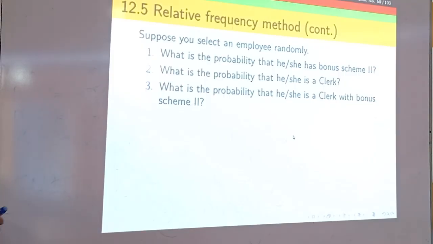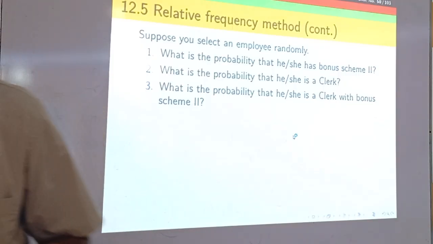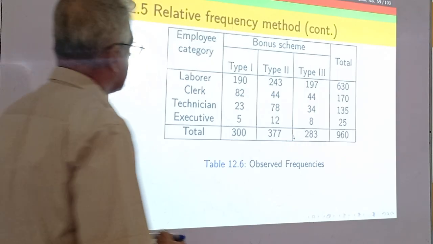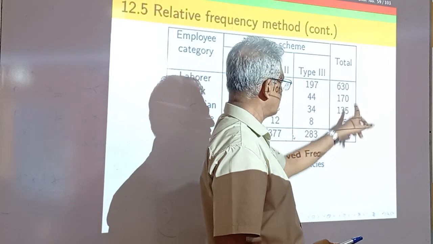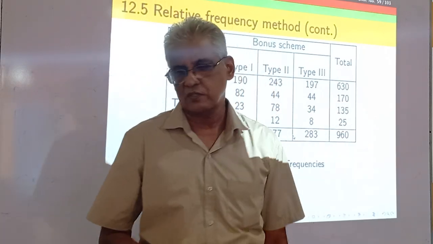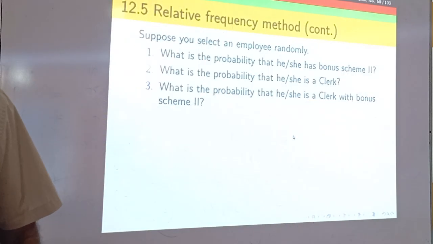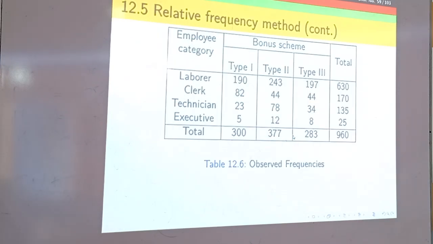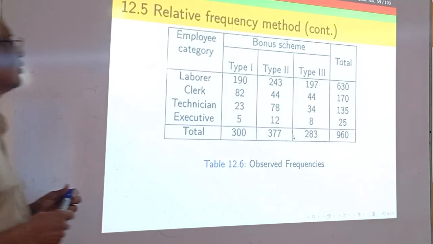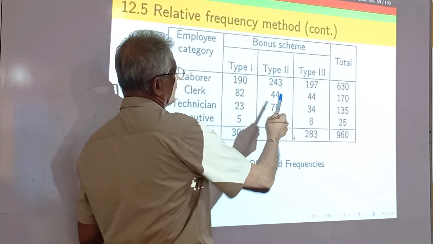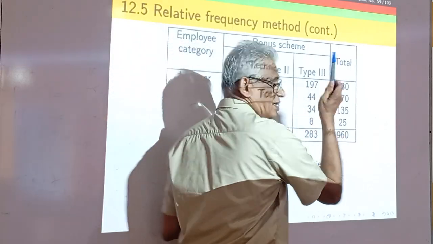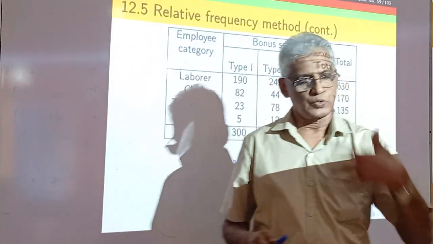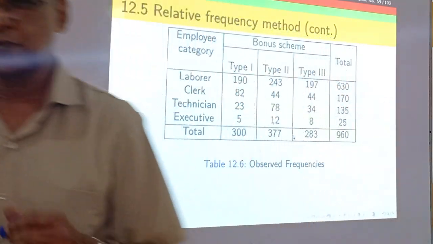That is unconditional. Clerk is 170 divided by 960. What is the probability that the person is a clerk with bonus scheme 2? That is 44 divided by 960, that is also unconditional probability.